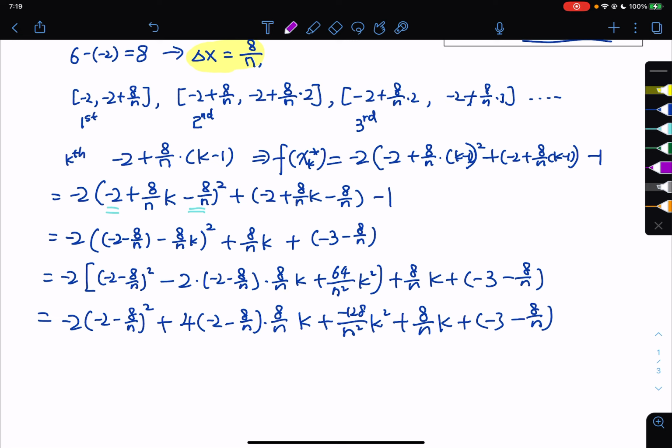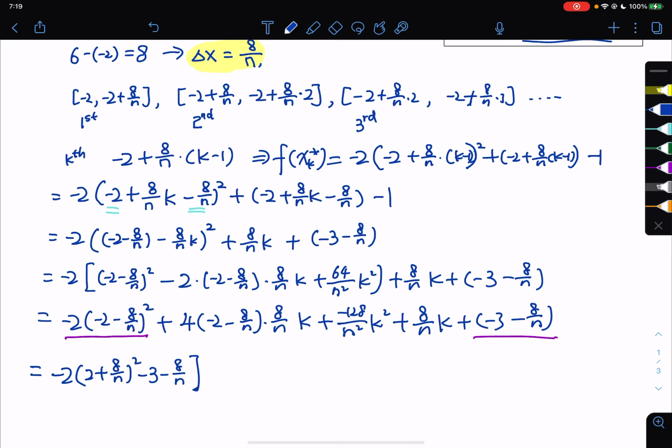So this term has no k, this term has no k. I'm going to put them together, which is -2. Well, it's negative of something squared, so I can get rid of the negative sign together. It doesn't affect my answer. -3 minus 8 over n. Okay, that's my first term, which has no k in it.